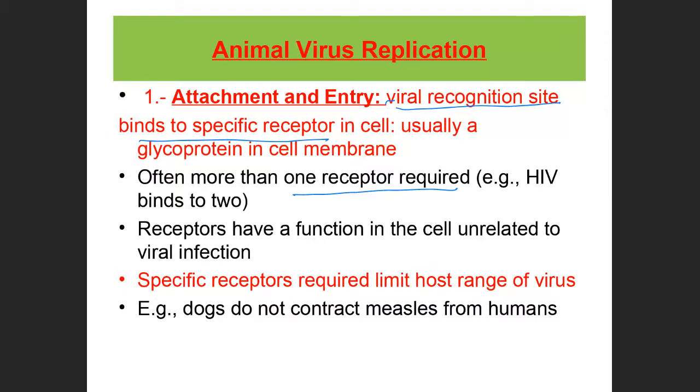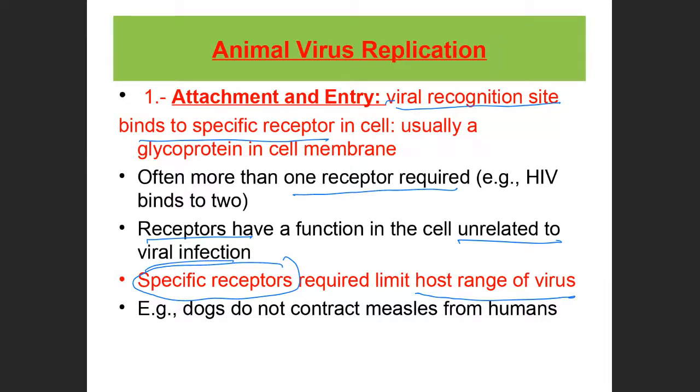The receptors have a function in the cell that is completely unrelated to viral infection. The receptor is what limits the host range of the virus, so that only hosts that have that receptor can be infected with the virus.